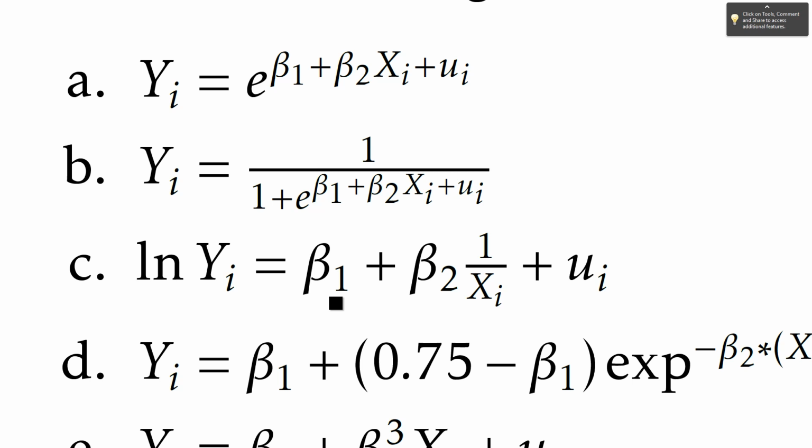Correct? Okay, if it's correct, then we can simply take the log, which equals beta 1 plus beta 2 xi plus ui.